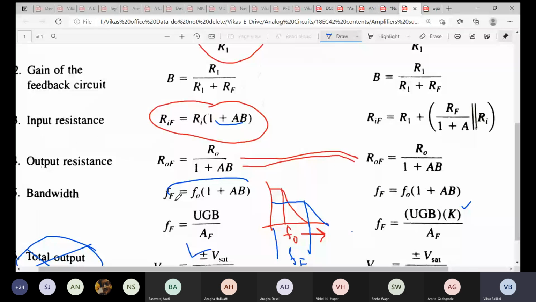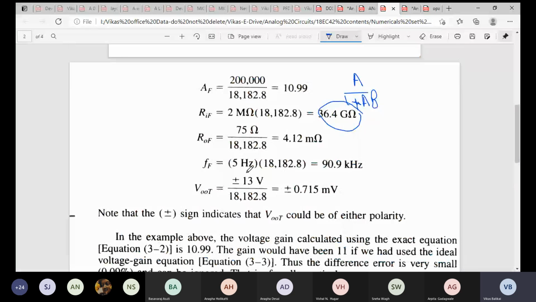F naught is 5 hertz multiplied by 1 plus A beta. That gives you a bandwidth of 90.9 kilohertz. And look at the bandwidth. Whereas the earlier bandwidth had a value of only 5 hertz, the new bandwidth has got a value of 90.9 kilohertz. So this is how the bandwidth is increased automatically by imparting the feedback.